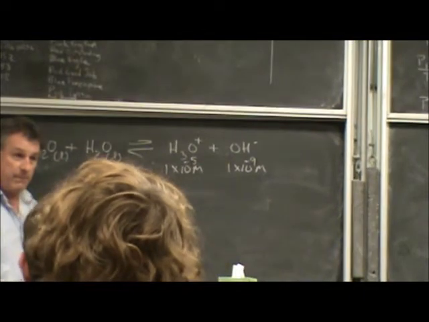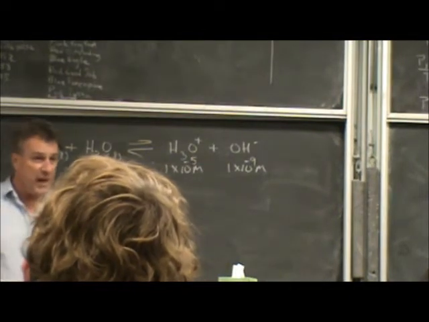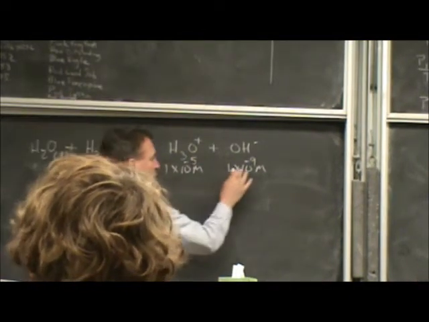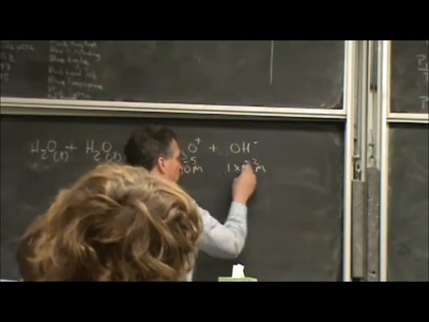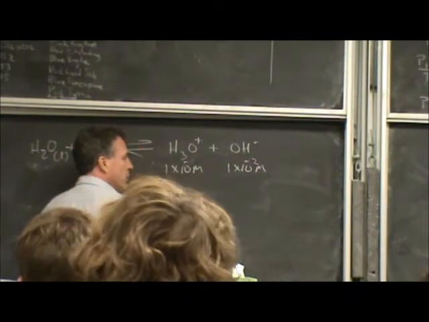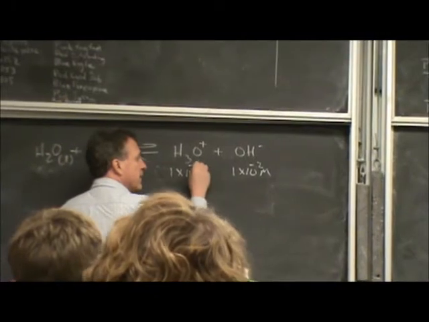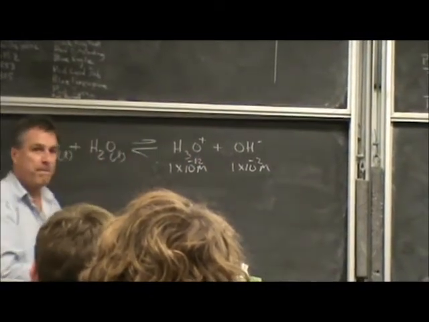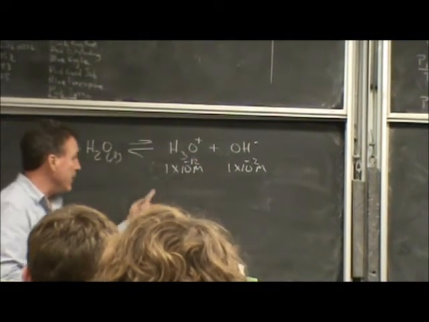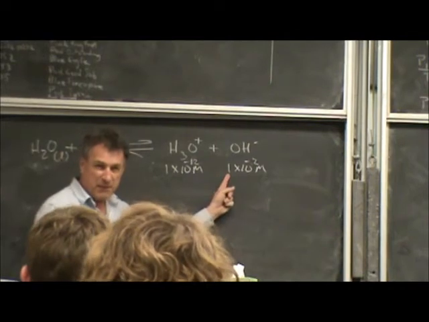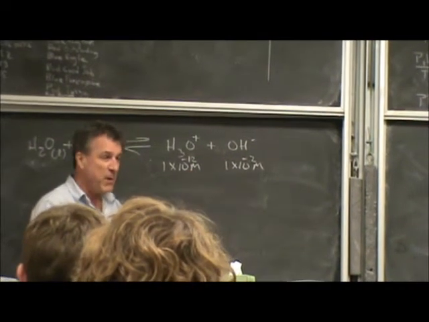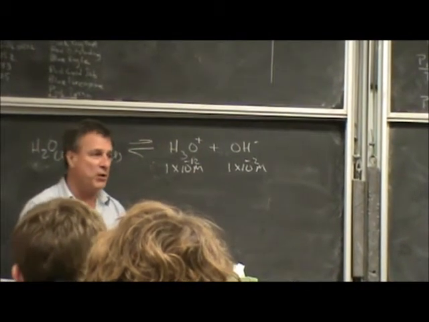Right? One goes up, the other goes down. We okay? If this increased to 10 to the negative 2, this would have to decrease to 10 to the negative 12. Now, it's nice and easy when we keep these ones, isn't it? That we're just looking at the exponents. You know you add exponents when you multiply.